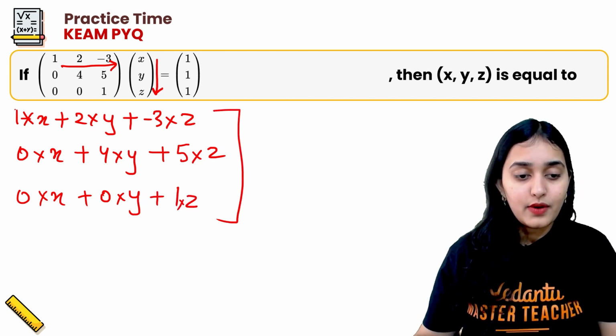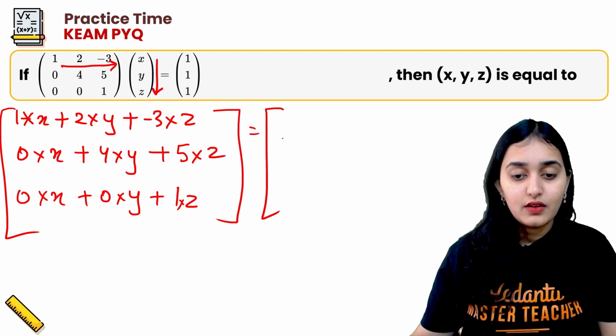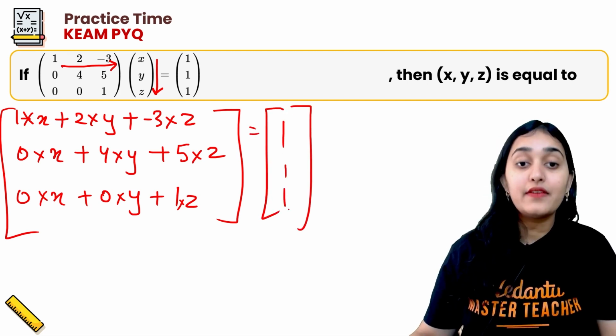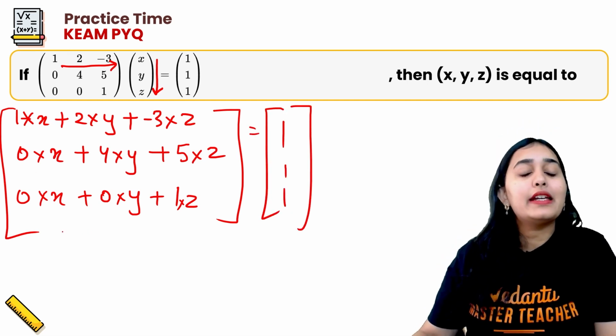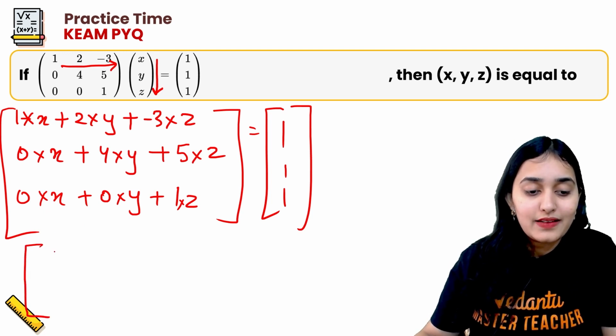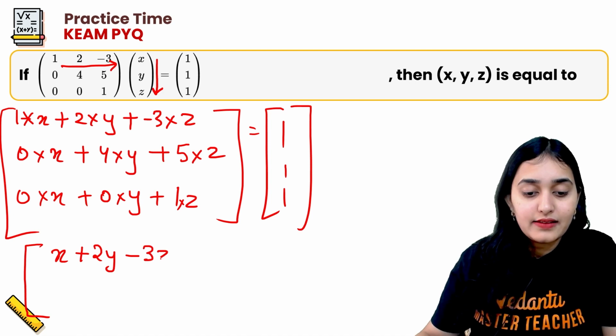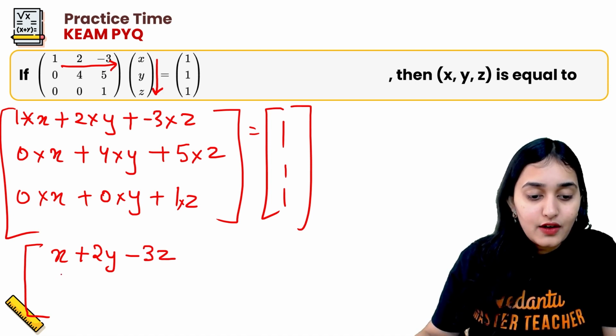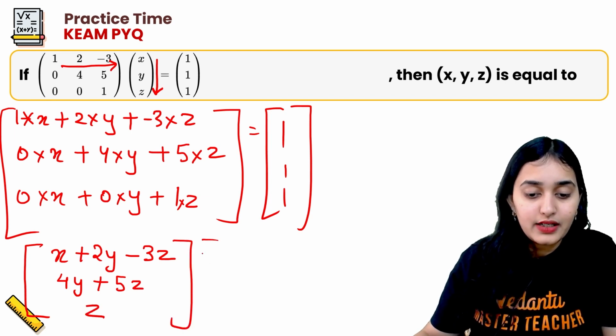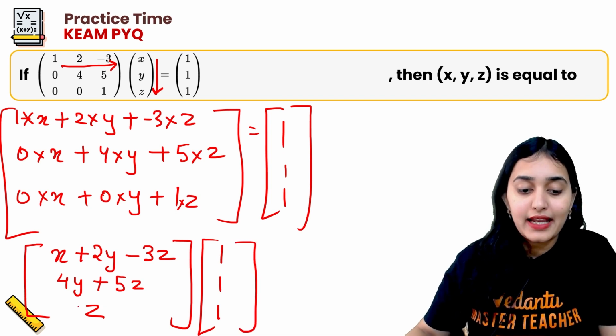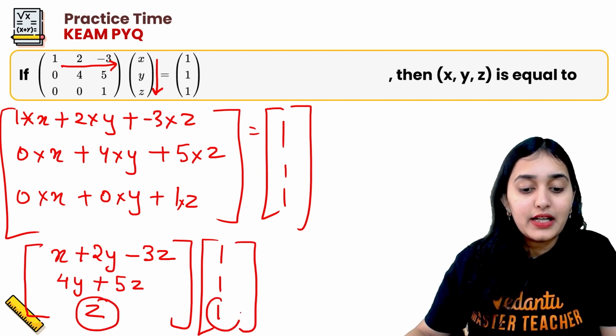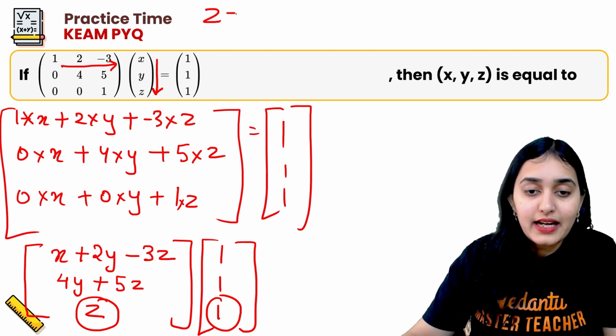This is equal to 1, 1, 1. It is given in the question. Solve the equations. So you get the first equation as x plus 2y minus 3z. Next is 4y plus 5z. And next is z. This is equal to 1, 1, 1. So clearly from here we can tell z is equal to 1.